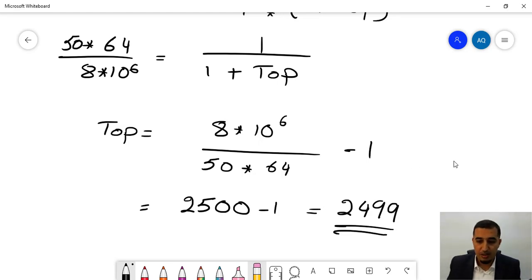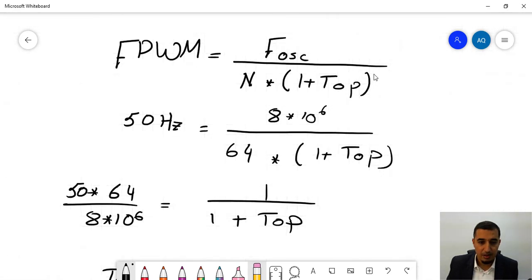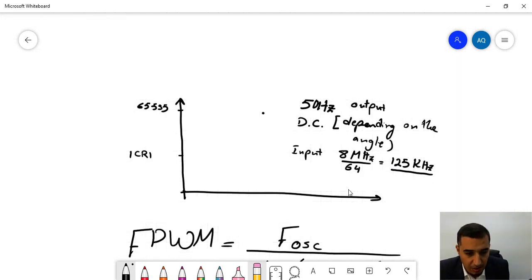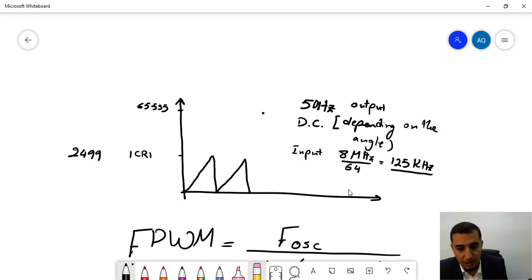Now what does this mean? This means that my ICR1 will equal 2499. So my counter will count from 0 up to 2499, then it will go down to 0, then go from 0 up to 2499, and so on.